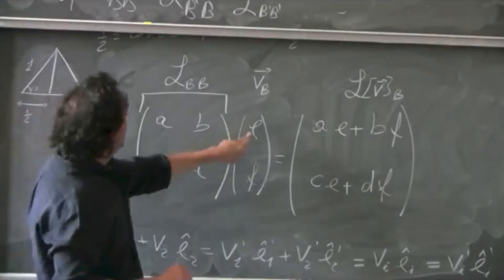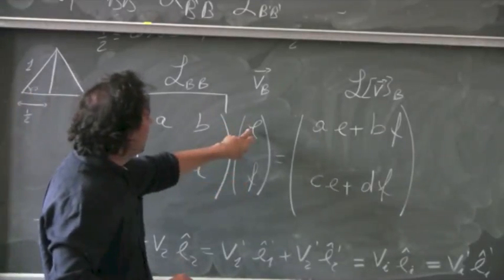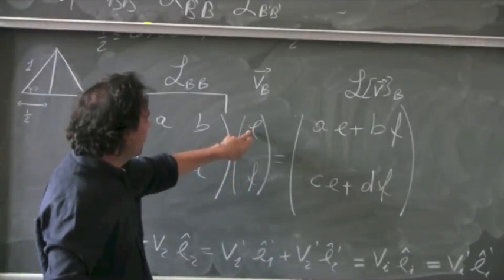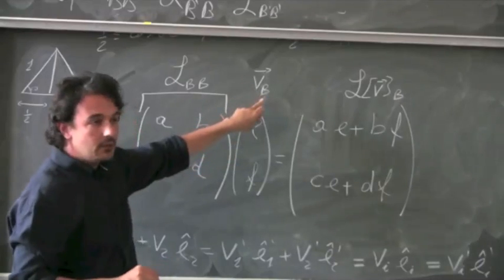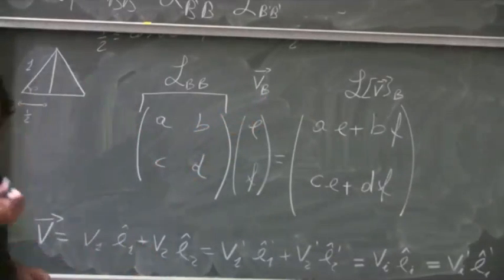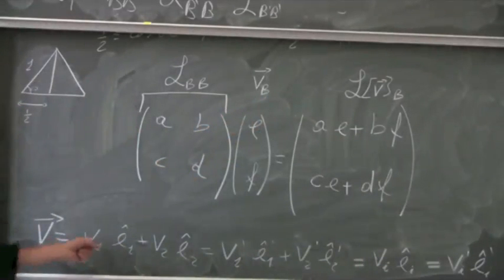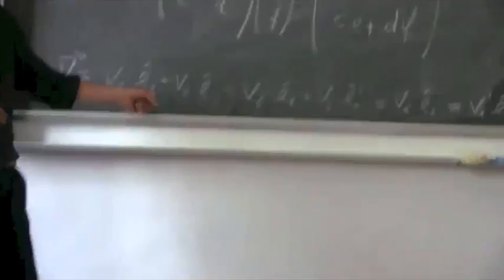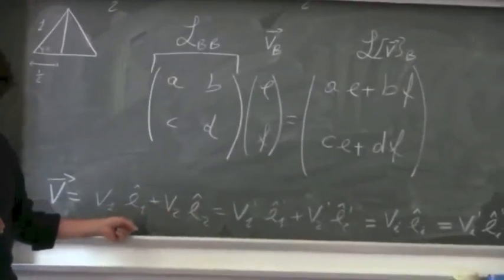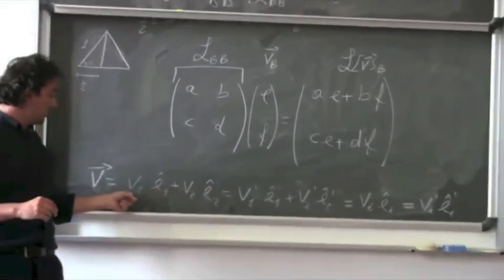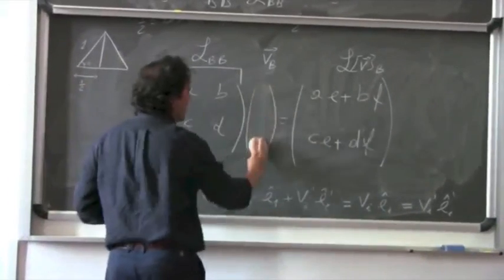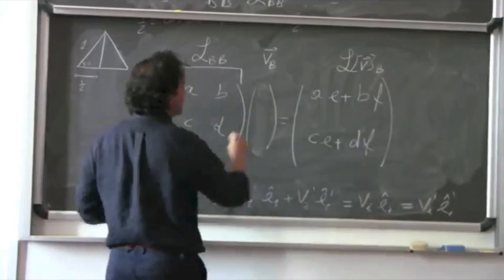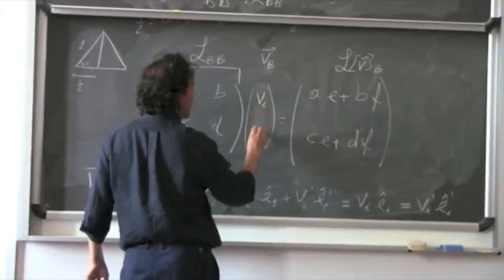And so here we can put, instead of E, the representation of V with respect to the first basis, that are V1 and V2. On the first basis, V has the components V1 and V2. So instead of writing E and F, we write V1 and V2.